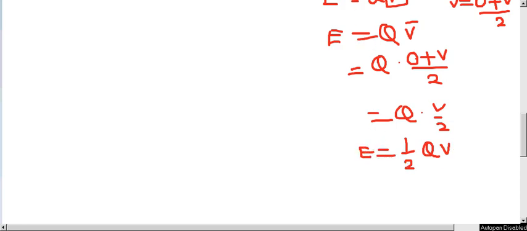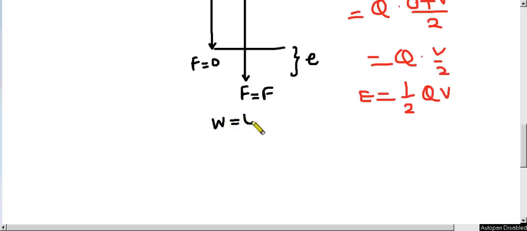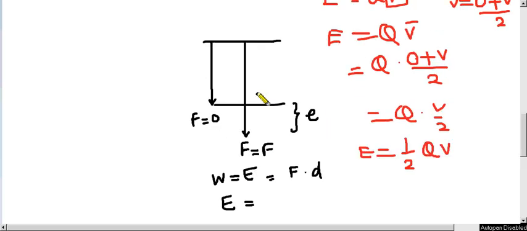The same way you remember in the lesson elasticity, what we did. The initial force of the wire, the tension, is 0. The final tension of the wire is F, that is what we record finally. The extension is E. Work done equals energy. To find energy we get work done as F times displacement. F is not constant.